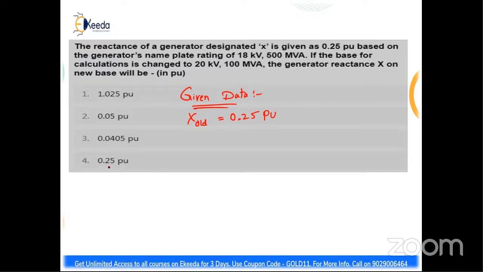And next MVA old is equal to 500 MVA, and kV old is equal to 18.